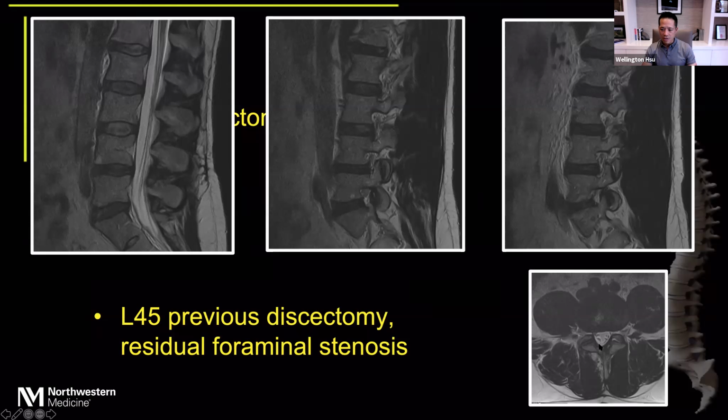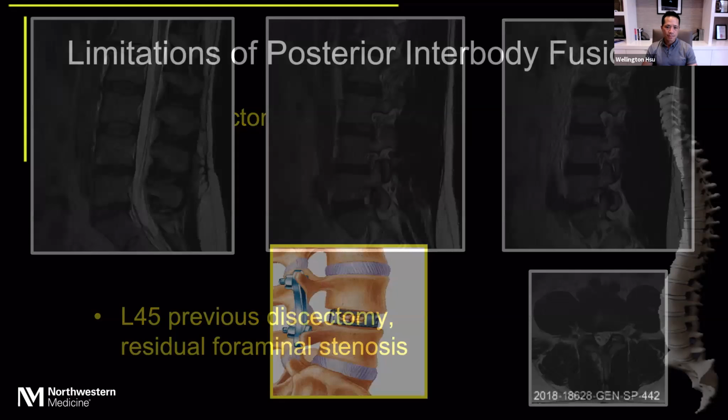And then you look here, this axial isn't that impressive, but you can see the foraminal stenosis on the sagittal that is not obvious, but is there. And if somebody has radicular pain at this level, and you can identify it and then do an MIS TLIF for them, again, I think these are slam dunk patients.